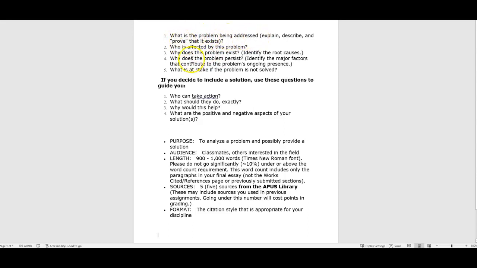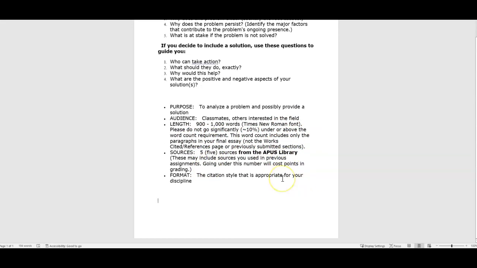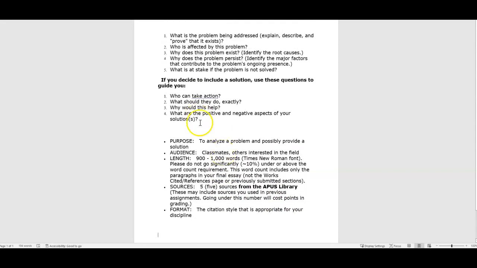So don't put these questions in there, but use these questions as a guide when you're writing your essay. Remember, 900 to 1,000 words. Analyze and provide a solution, ideally. Don't go above and below. 5 sources from the A+ library. So remember that. And, like I said, if you have questions about APA or MLA, I have some great citation generators that I can give to you.